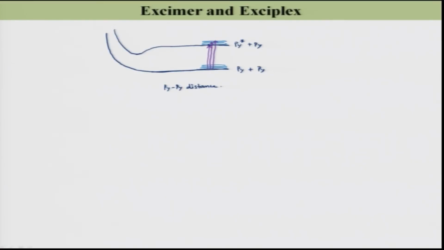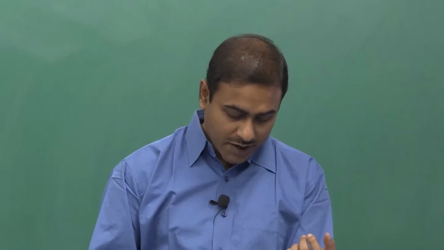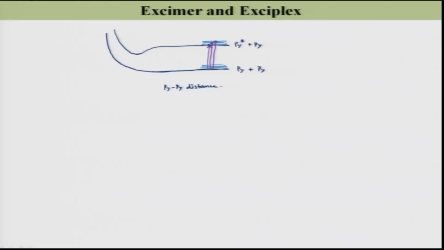Those vibrational fine structures are very nicely visible in case of pyridine. When pyridine relaxes back from the excited state to the ground state, emission will start from here, and then it can come from here to here, from here to here, right.